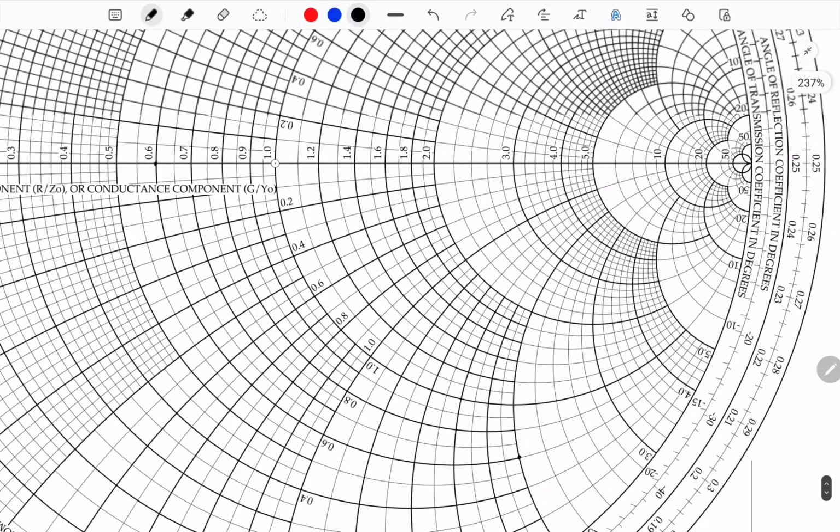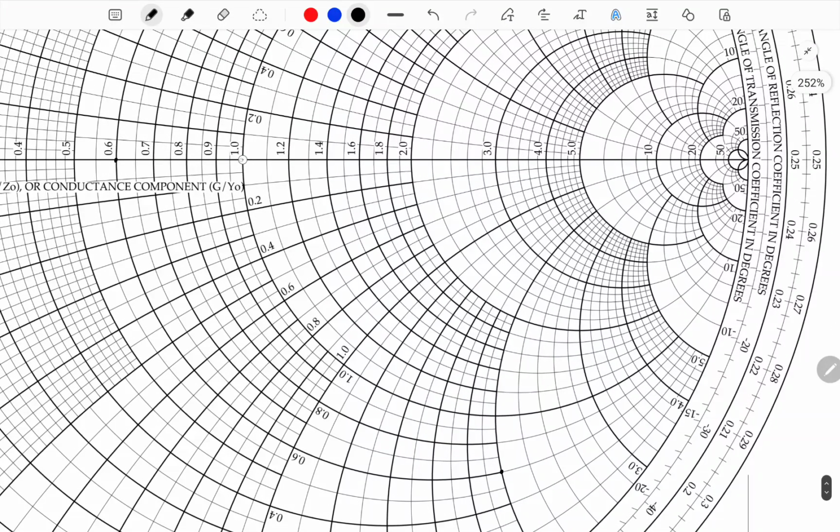Now we draw a straight line from here all the way till here. There we go.